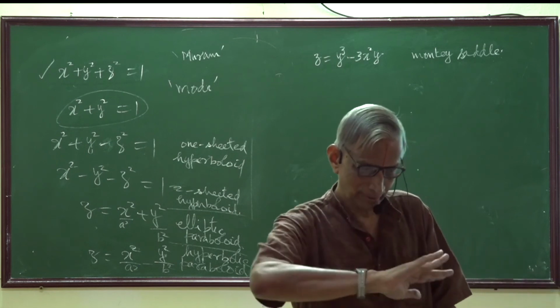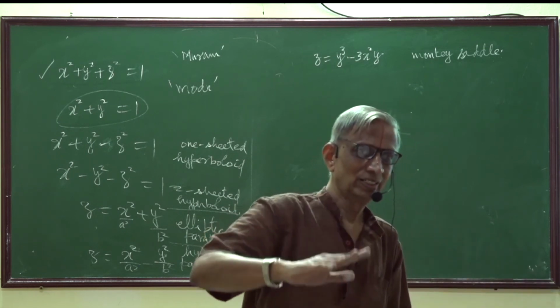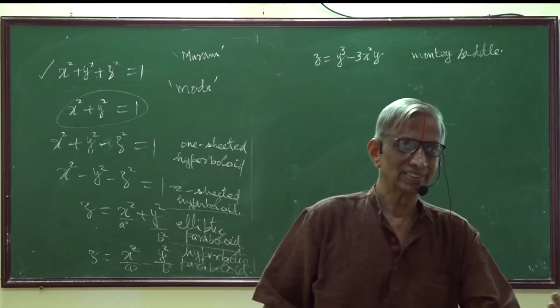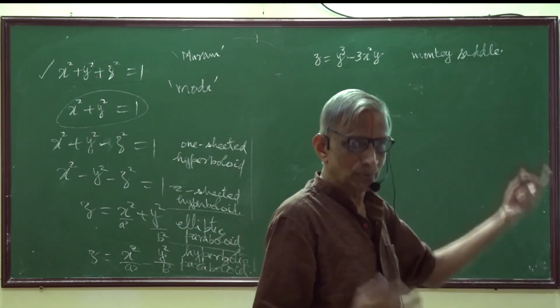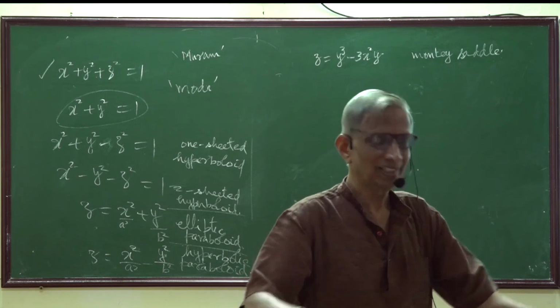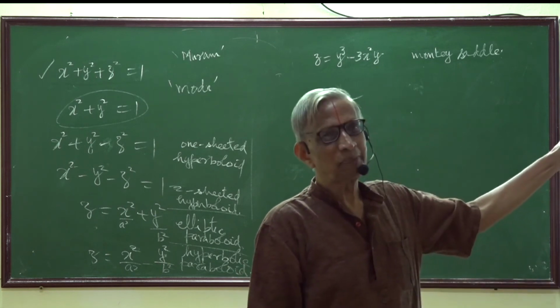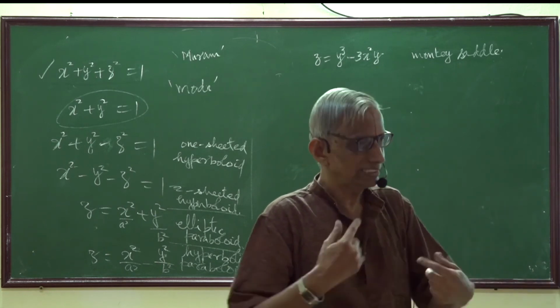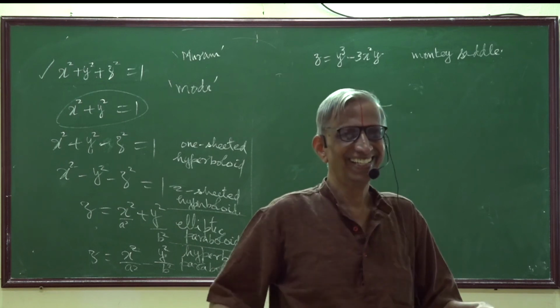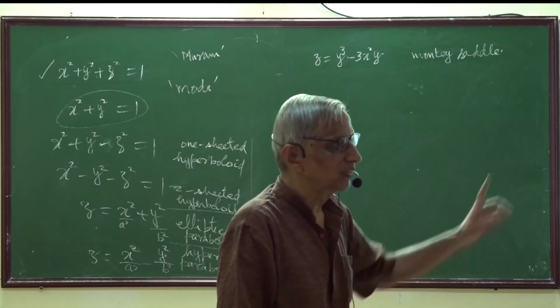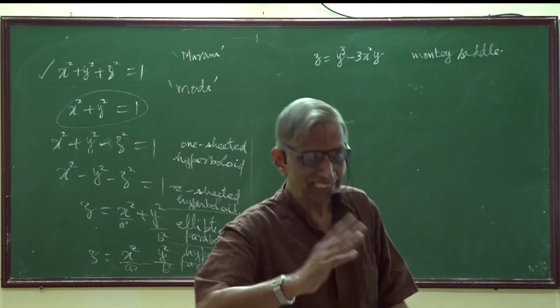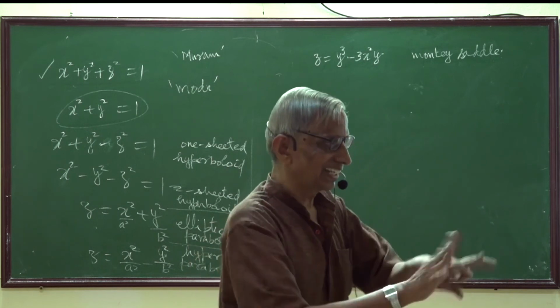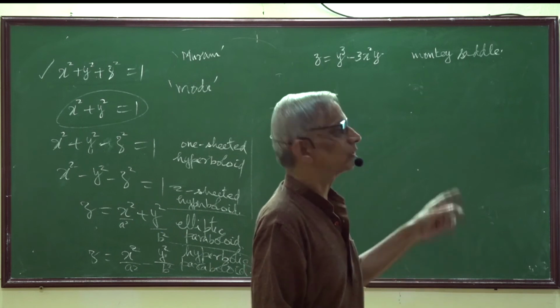Some dent like this on both sides. So you need two like that. But a monkey also needs one for the tail. So on this surface there are three things like that. That's why it's called a monkey saddle.